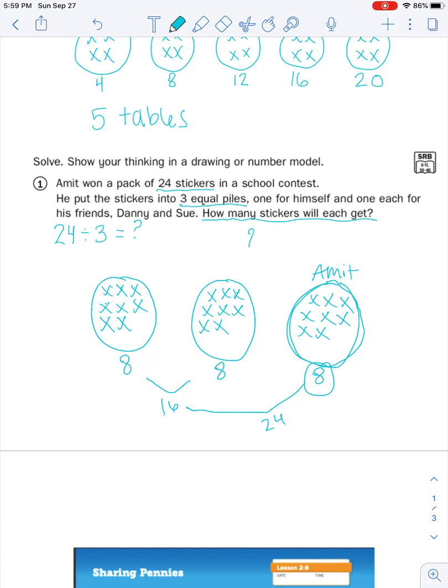So he got 8 stickers. So 8 would be our answer. Okay, and if we're writing this out as a division problem, it's 24 divided by 3 equals 8.